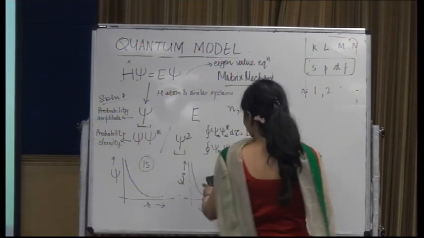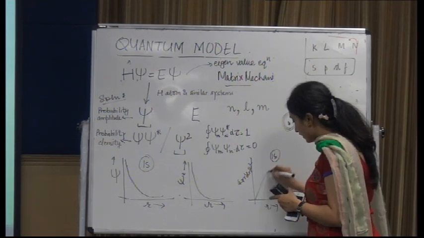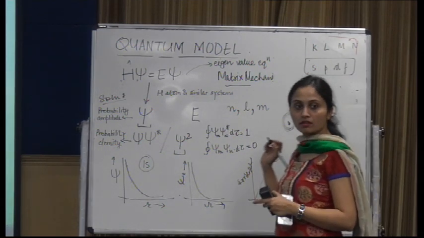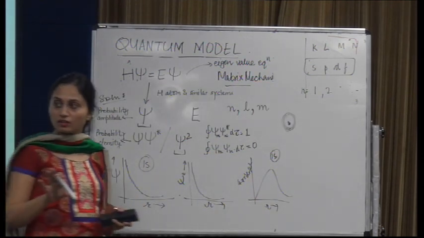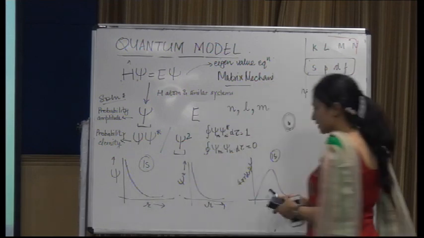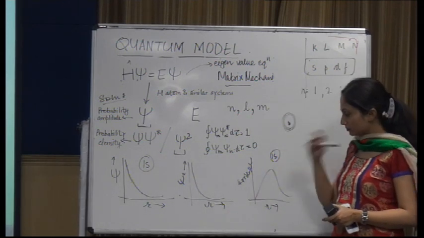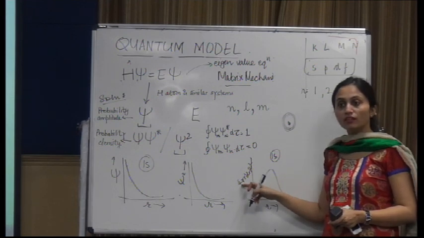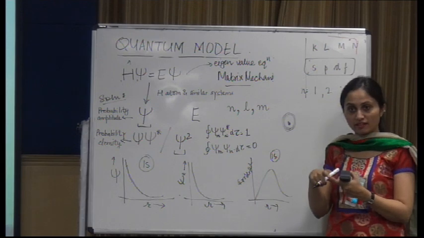So here when I make this plot now for 1s, it looks like this. Okay. Now will that give you the correct picture? Look above. Can I attach physical significance to this? It is psi square multiplied with the volume element, the volume of the spherical shell.